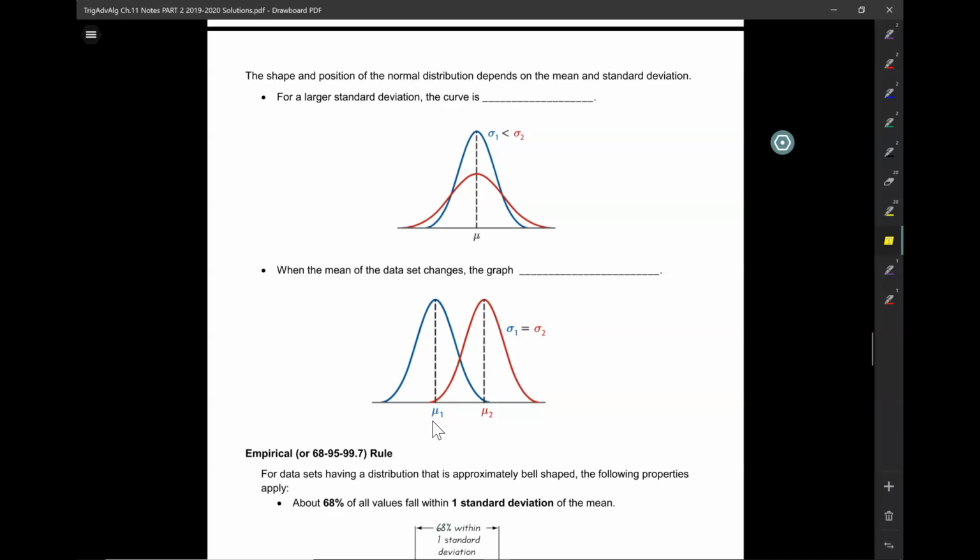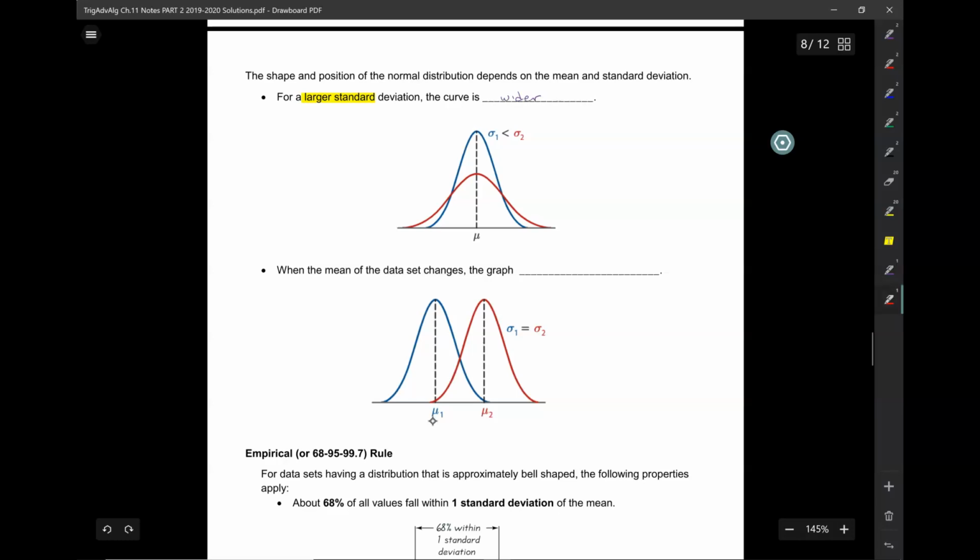The shape and distribution of the shape and the position of a normal distribution depends on the mean and the standard deviation. If there is a larger standard deviation, this means the data values are spread apart, then the curve is wider.